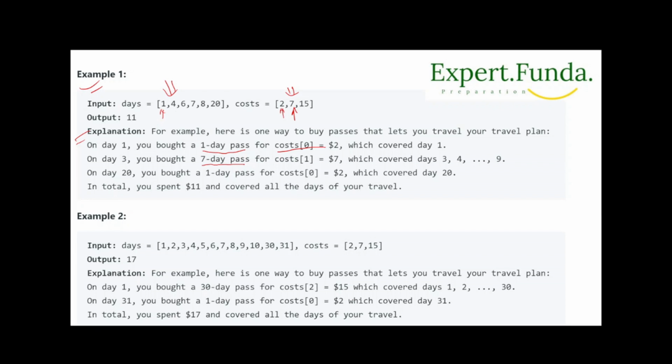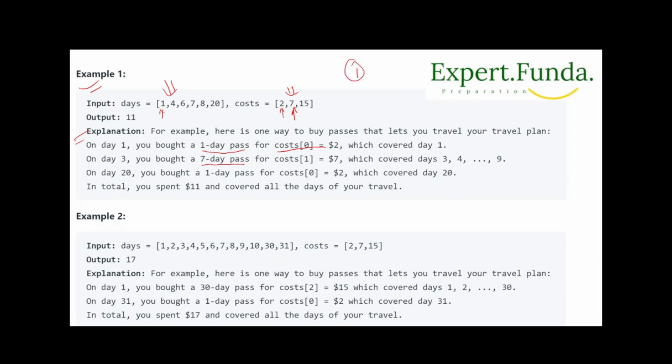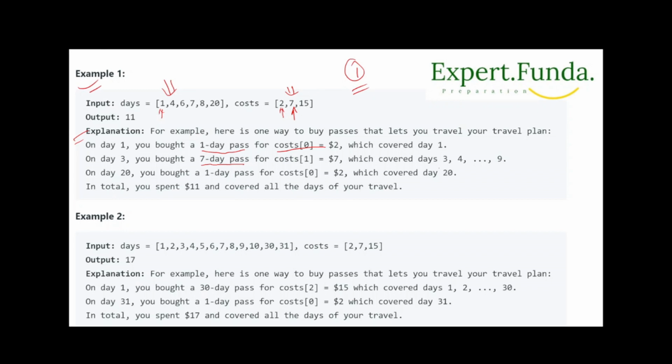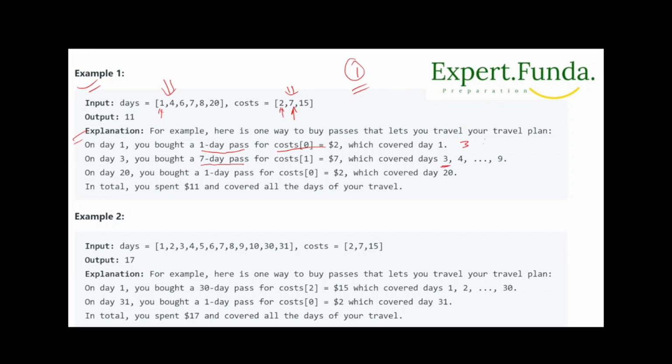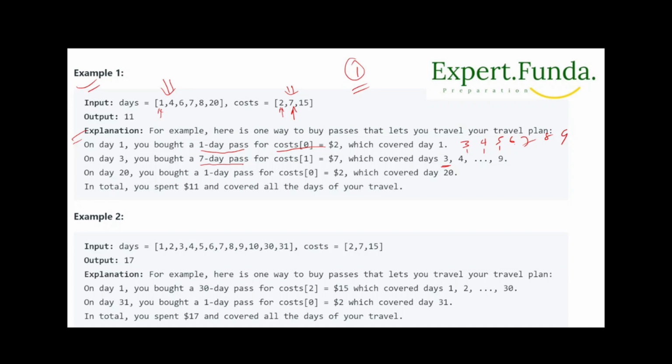So if we cover day 1 with a 1 day pass, after that we will buy a 7 day pass. We start from day 3 and go 3 4 5 6 7 8 9, a 7 day pass, 1 2 3 4 5 6 7, till 9 we have to go, as you can see.